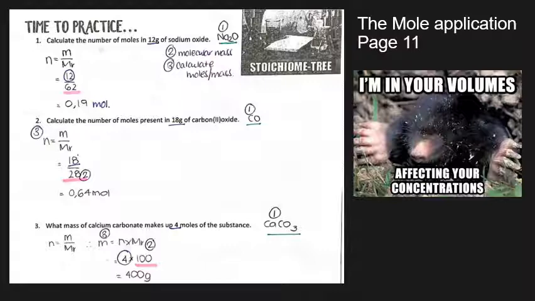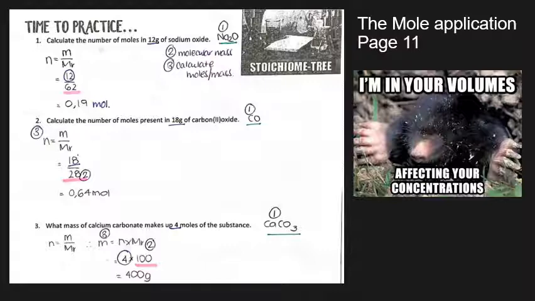Question 3 was a little bit tricky, I think, for some of you, because here we are requiring you to manipulate the formula. You've got to play with that formula. It's not asking for the moles, it's asking for mass here. So what is the mass of calcium carbonate that makes up 4 moles of the substance? You're going to write out your formula, CaCO3.